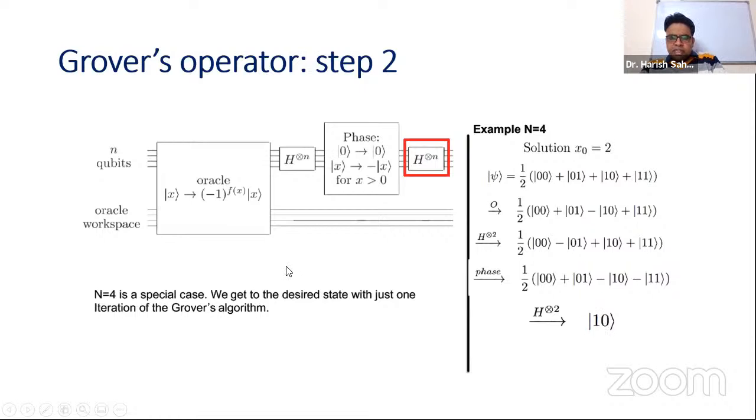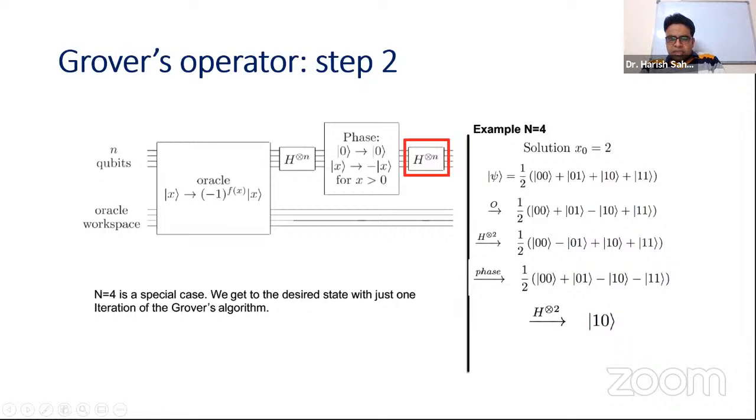Because the exact expression for the number of iterations is pi by 4 times square root of capital N. The precise complexity is not exactly square root N, it is pi by 4 into square root of N, which we will see. That turned out to be 1 only. So for one iteration, we are getting the correct answer. For N equal to 8 also we will see.